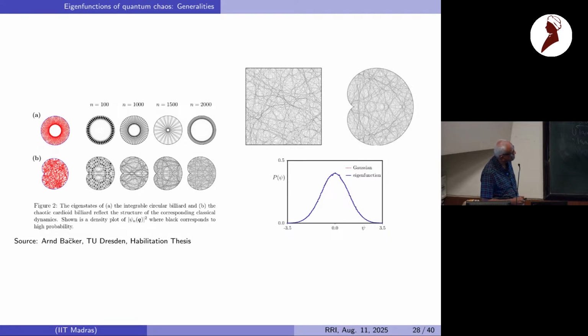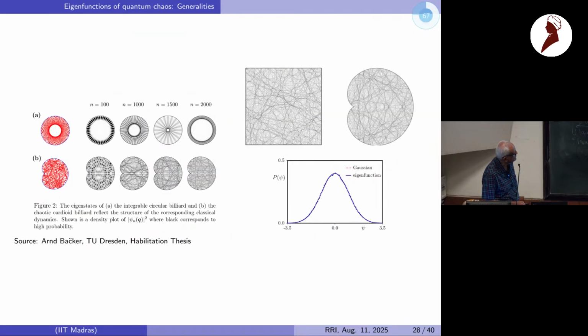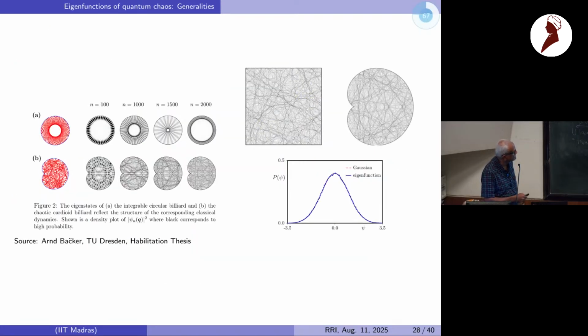If you take the amplitudes in a plane wave representation of this billiard and plot the distribution of the a_n, you'll see a very nice Gaussian distribution. So it looks like there is a lot of truth in these random wave assumptions for typical eigenstates of chaotic systems. This is the distribution of the intensities.